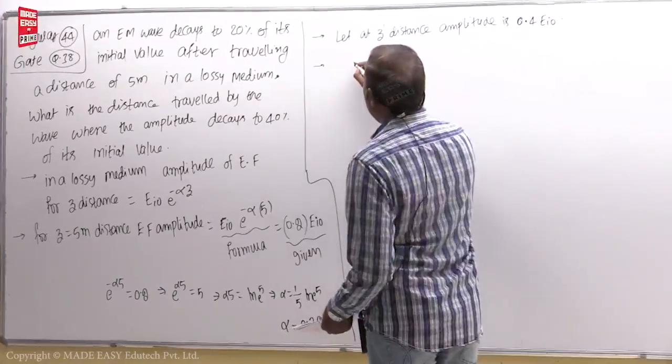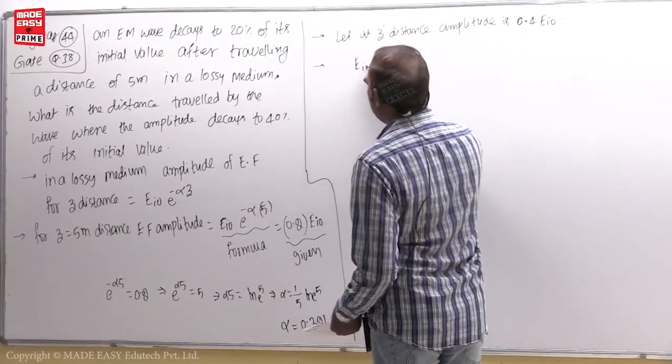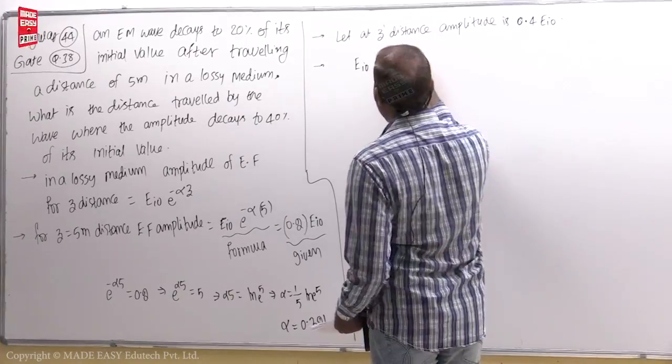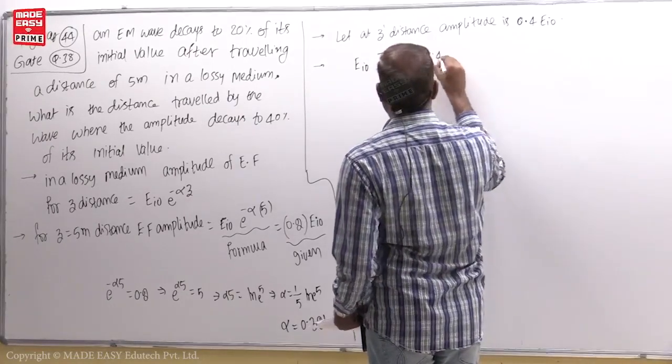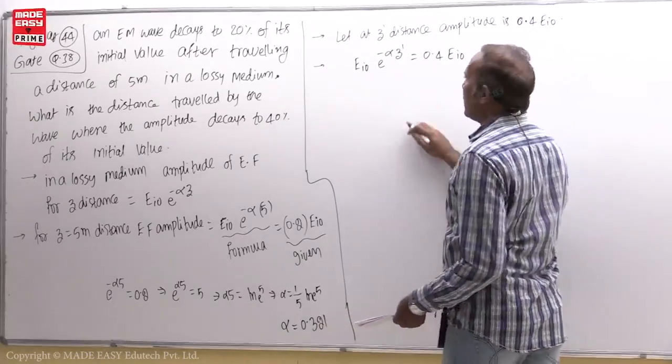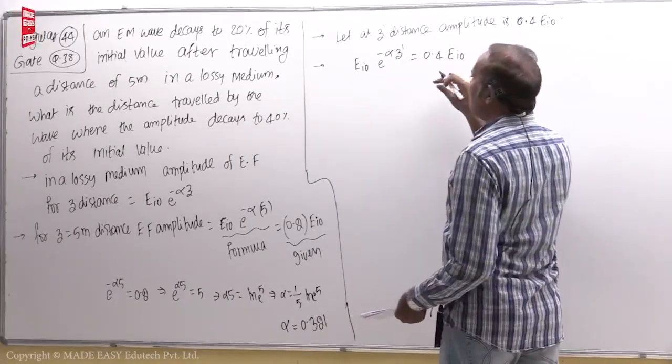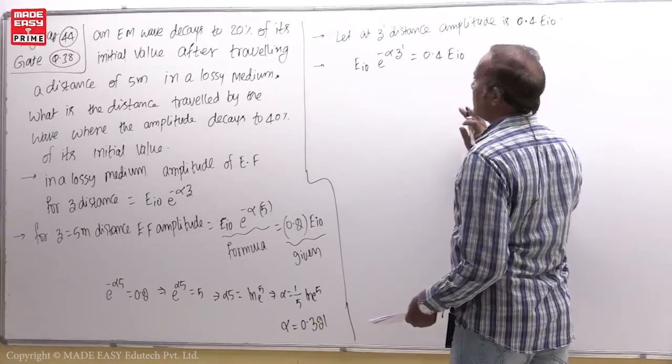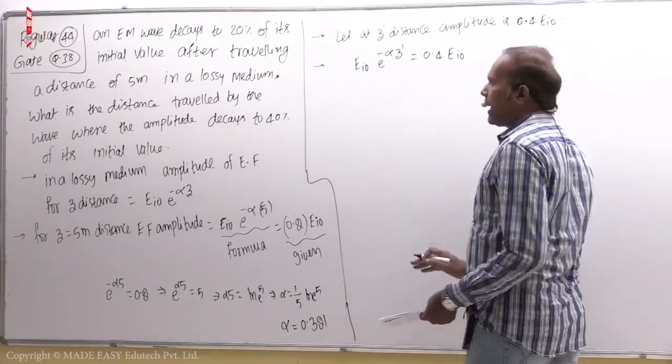Then EA0 e power minus alpha z dash is equal to 0.4 EA0. So we have assumed that at z dash distance the magnitude decreases and this much remains. Now we have to find z dash.